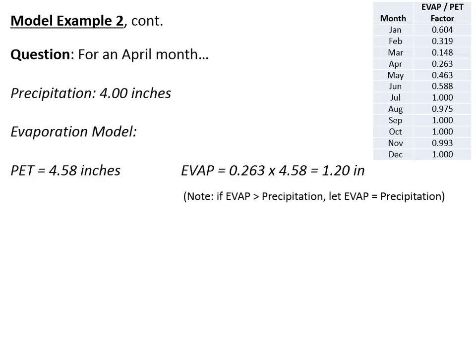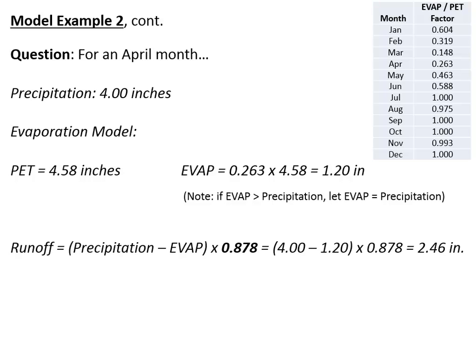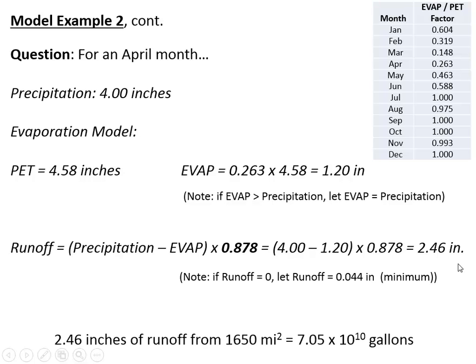There are some occasions where the evaporation is greater than the precipitation, and in that case you limit the evaporation to the precipitation. You don't say that it's actually going to evaporate more than it precipitates on a long-term basis. And so you go through this process and you can calculate how much runoff there was. And how good is the model at predicting something like that?